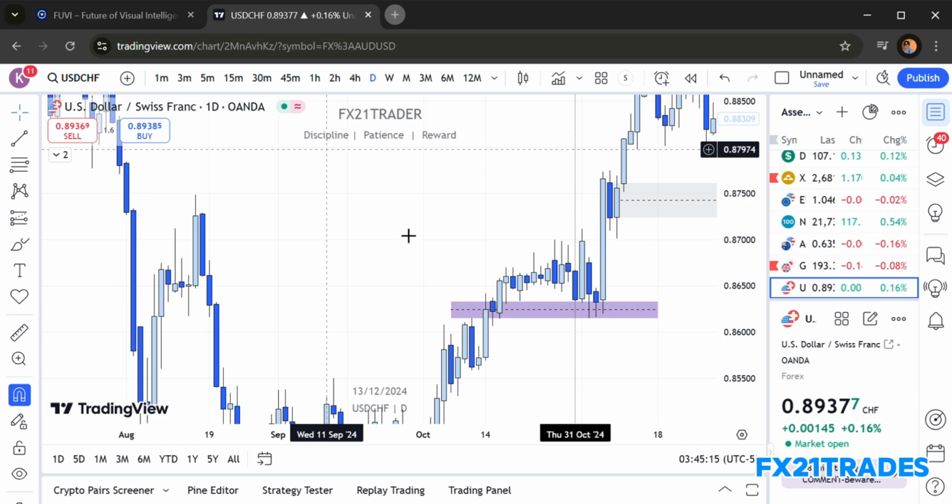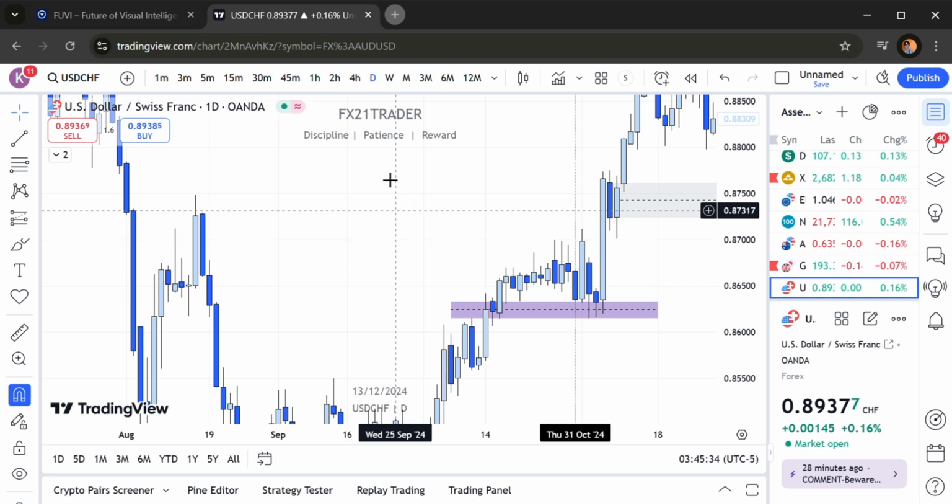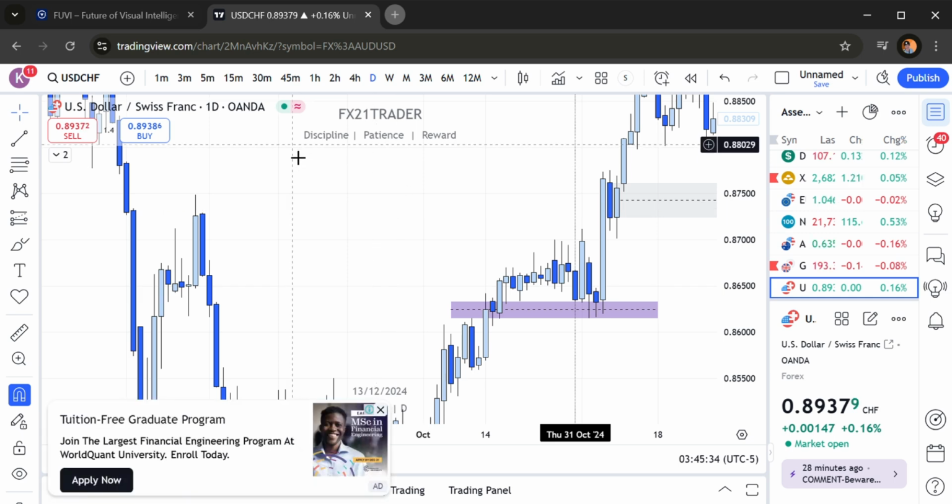Discipline, patience, and reward. If you're not disciplined enough, you will never make it in the market. And when you place a trade and you're not patient for your setup to play out, or you don't wait for your setup to play out and you just enter a trade anyhow, you will definitely not make it in the market.